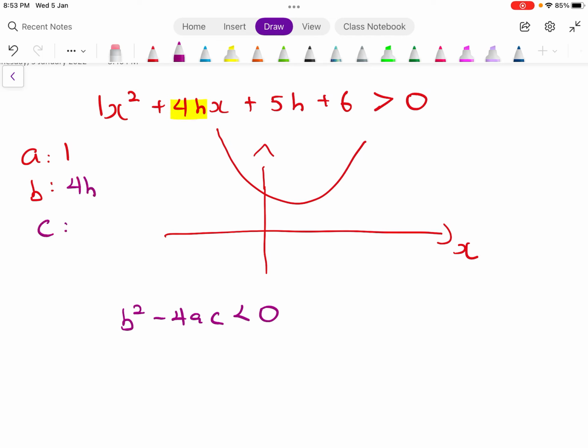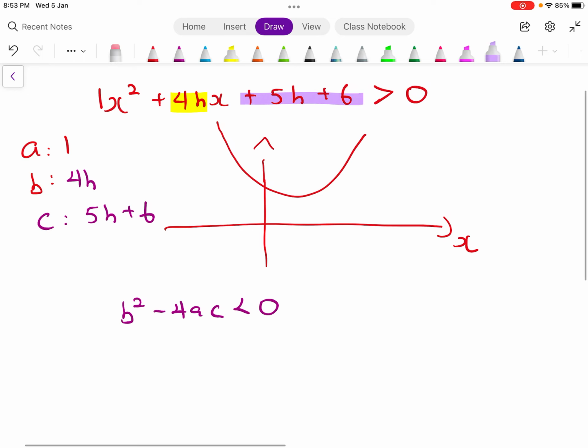Then c is the constant, the no-x term, so it's 5h plus 6. After determining our a, b, c, now it's time to substitute in.